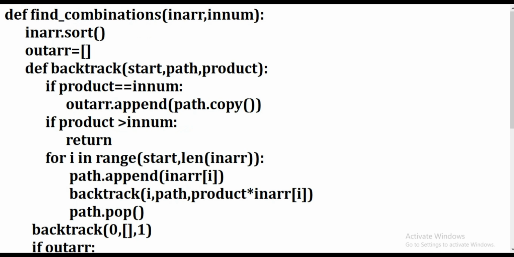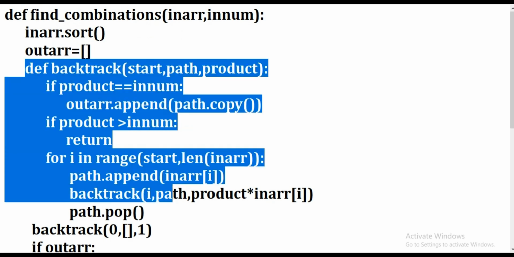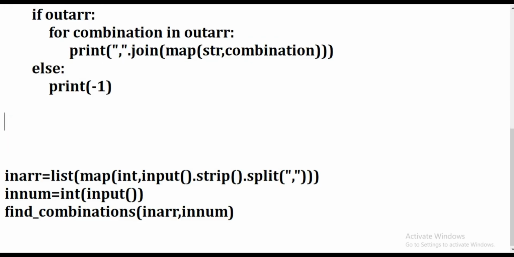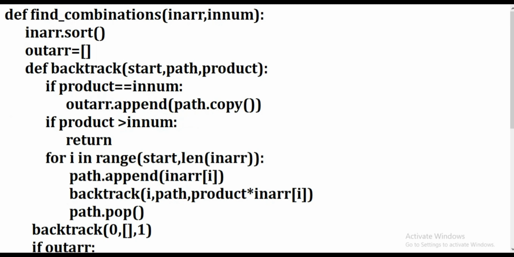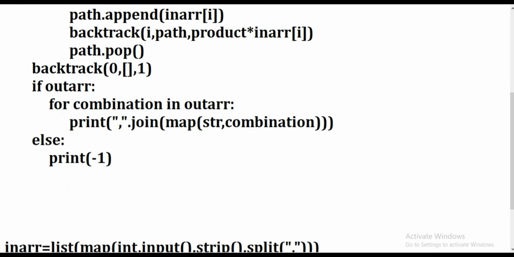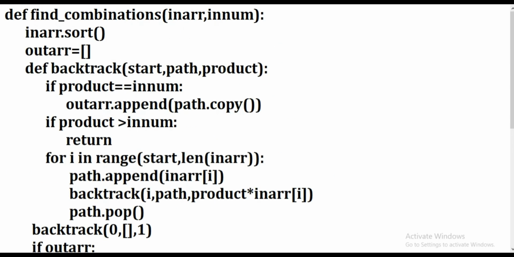Let us take the example 2 4 6 8. After sorting, it starts with start as 0, the path as an empty array, and the product as 1.